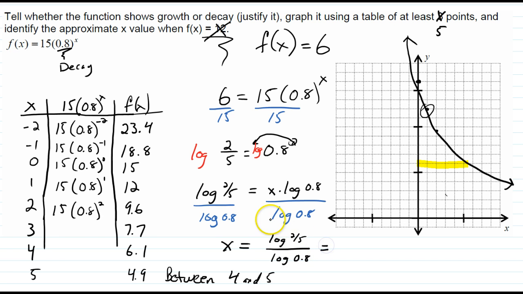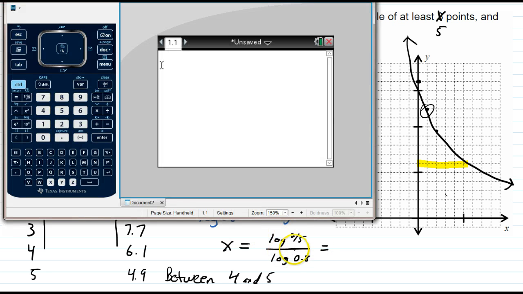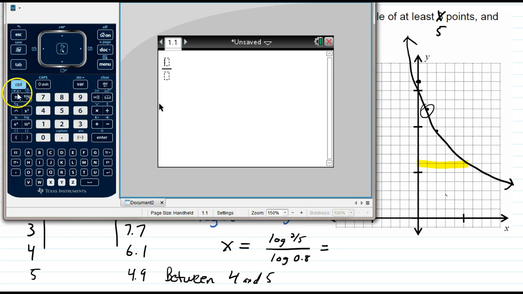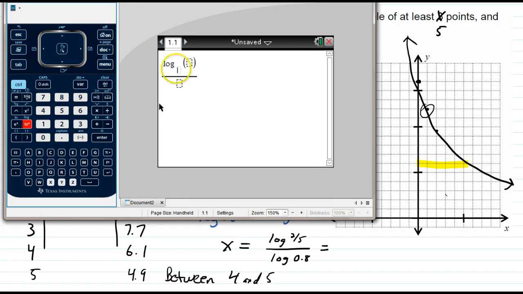Since we do have a calculator, let's go ahead and evaluate that. All right, let's look at how we'd put this into the calculator. The first thing I'm going to do is put in a fraction. Now I'm going to type in the log. Again, it's going to be base 10, so I don't need to type anything there. 2/5, so 2 divided by 5. Now I'm going to type in the log of 0.8.